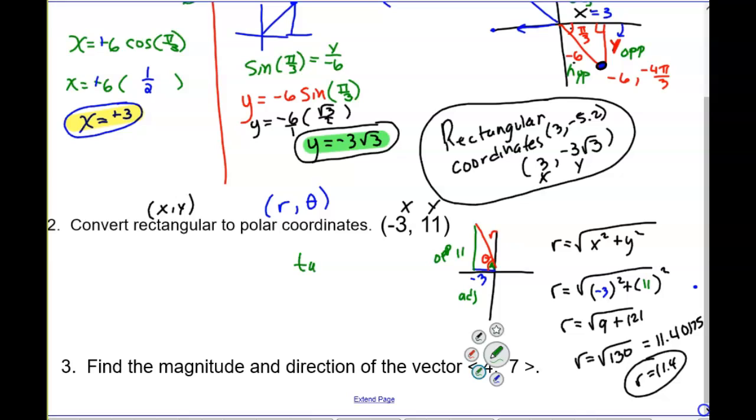If I set this up, the tangent of theta is equal to the opposite over the adjacent. Well, the formula that we gave you just did this step for you. It moved the tangent over, and the formula that we gave you was the inverse tangent of y over x. So it's the same thing.